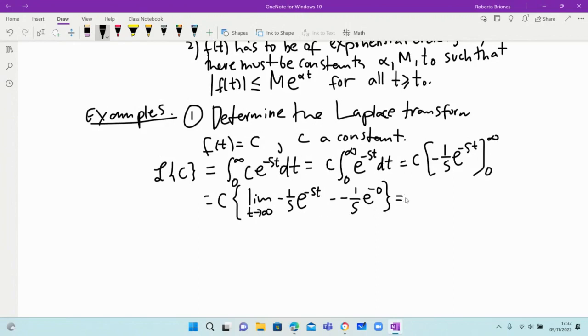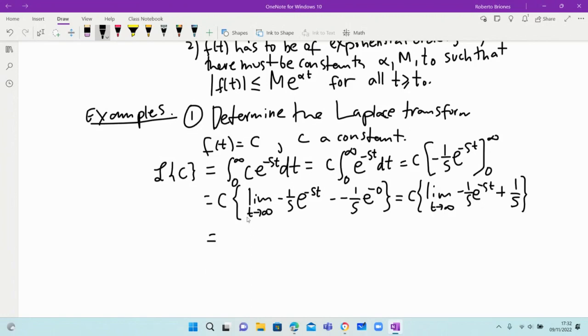And so this becomes c times the limit of negative 1 over s times e to the negative st as t goes to infinity, plus 1 over s.